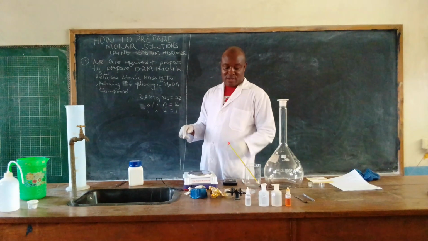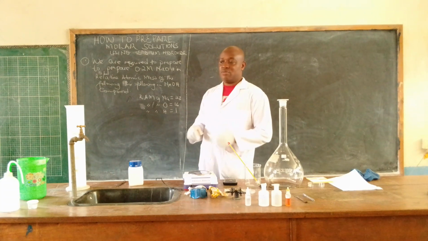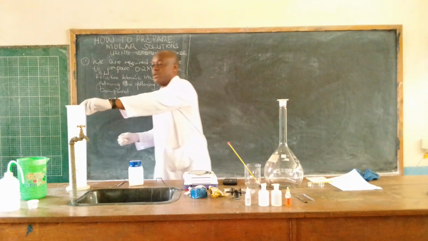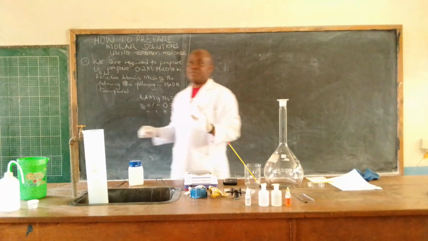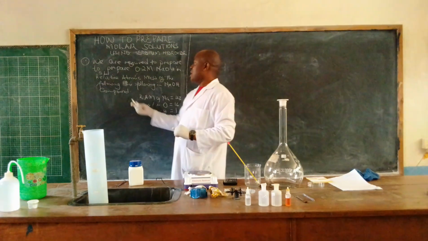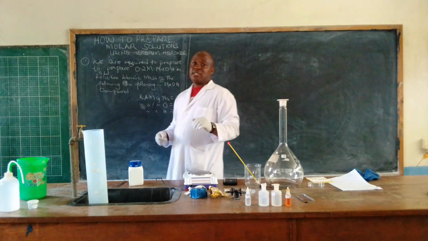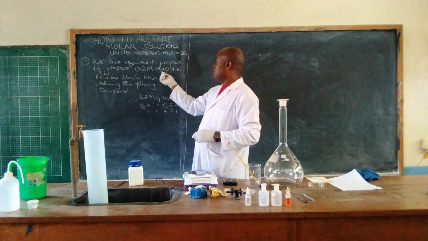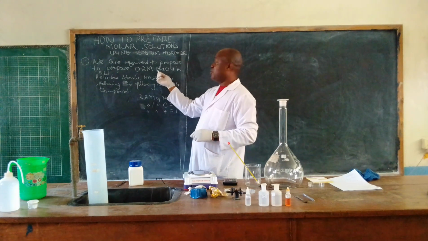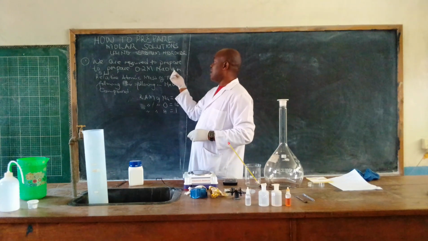So in this case, we are supposed to start with how we can calculate it first before we start tackling anything. We are supposed also to know the relative atomic mass of this compound, sodium hydroxide. And this sodium hydroxide is a compound of sodium, oxygen and hydrogen.